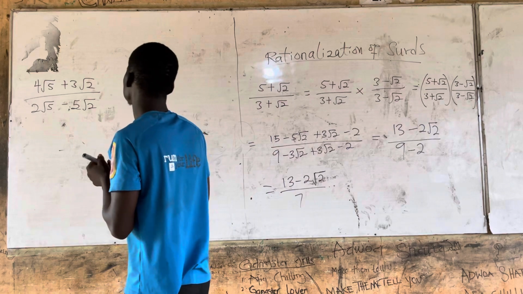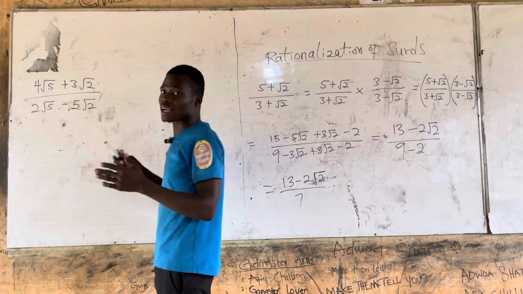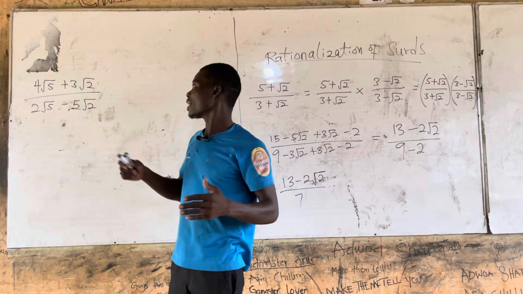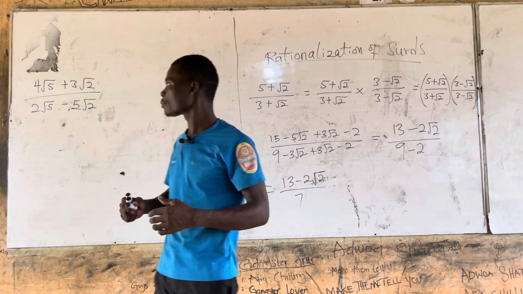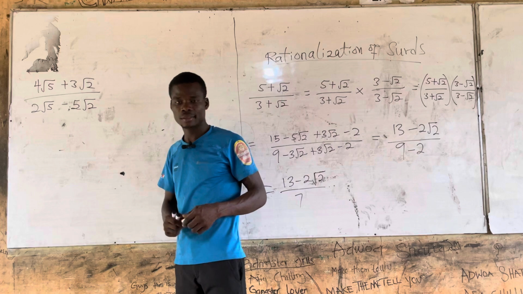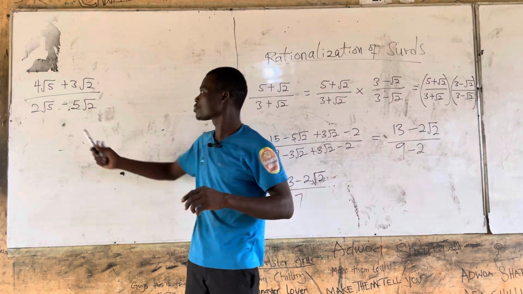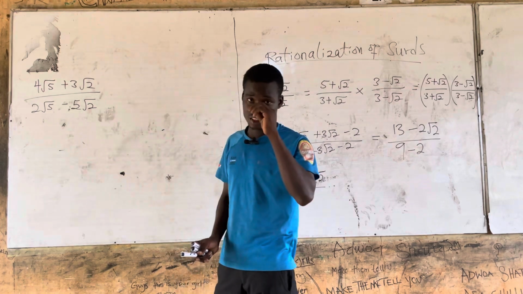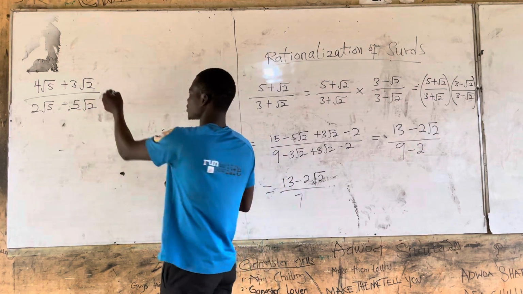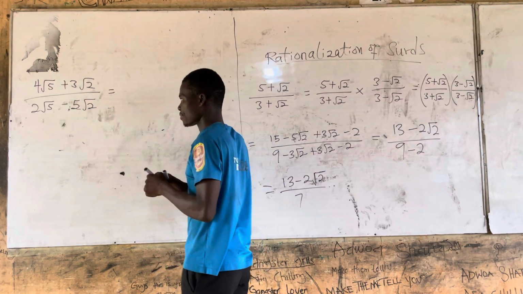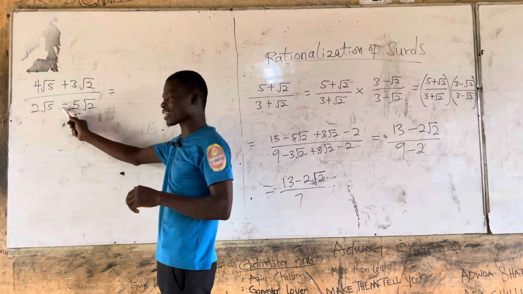So now, this one, let's take our time and find the conjugate form. Please find the conjugate form of this denominator. So you see, when you find the conjugate form of this denominator, we are going to get what? 2 root 5 plus 5 root 2, because here is minus.